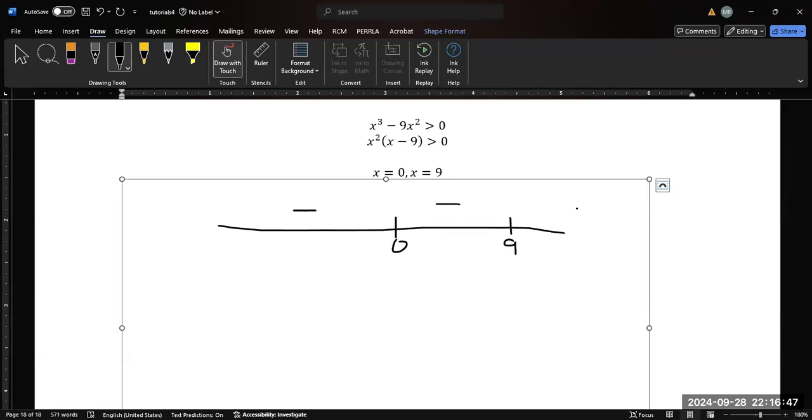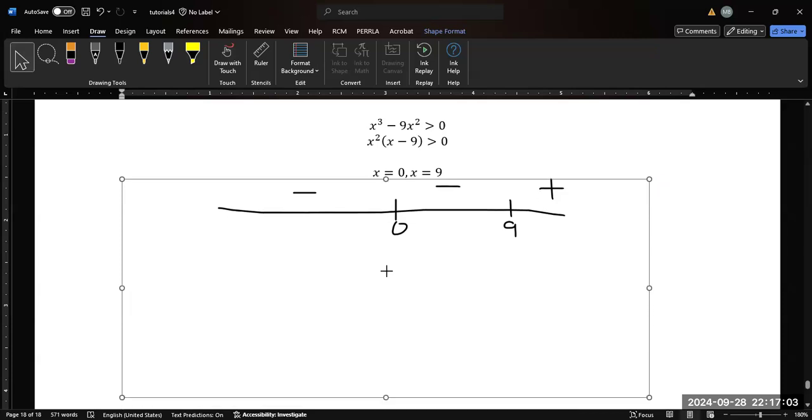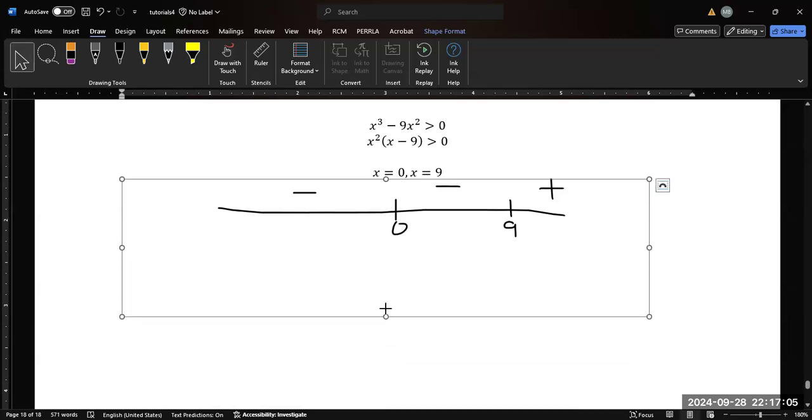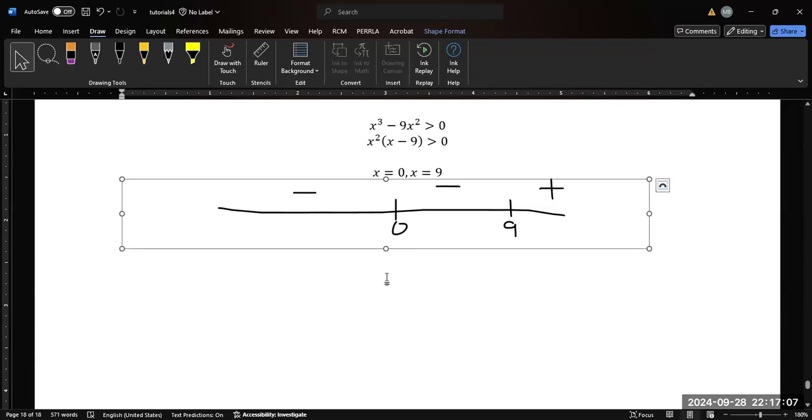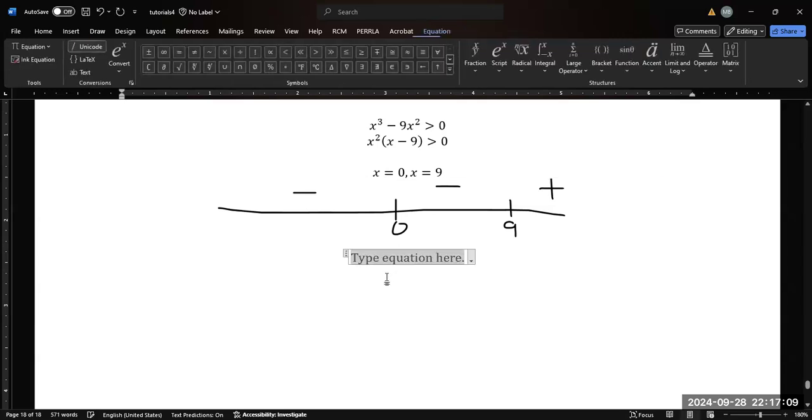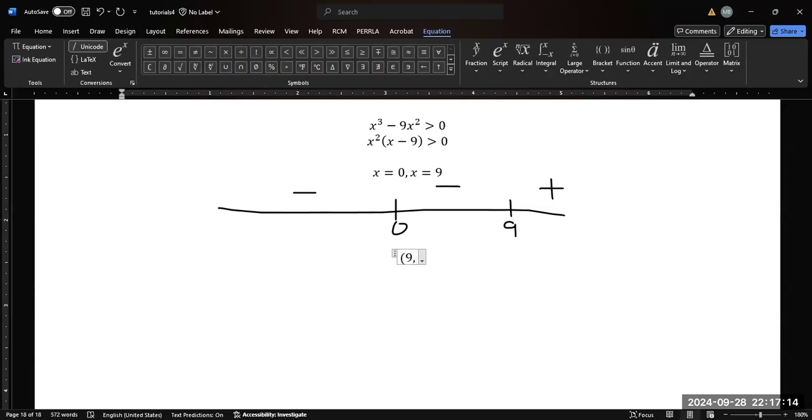And then if I plug in some bigger number up here, like say 10 squared, positive, 10 minus 9, positive. Finally, I have a positive over here. So this is my sign chart, and I want to know where my polynomial is going to be bigger than 0. And so that's only going to be at 9 to infinity.